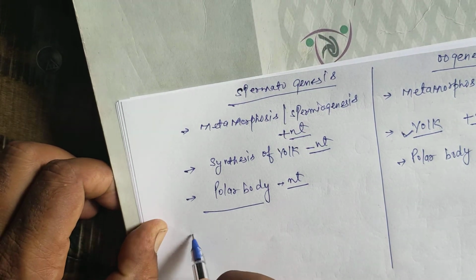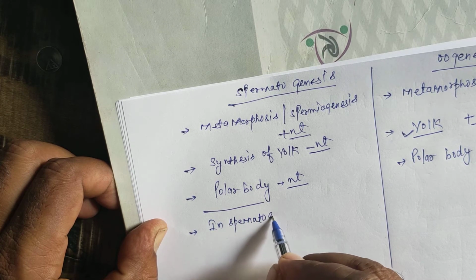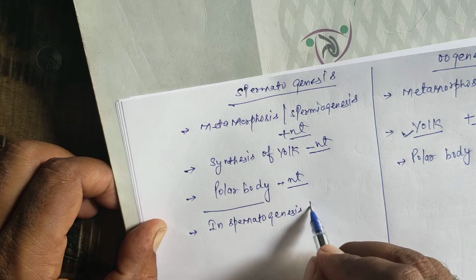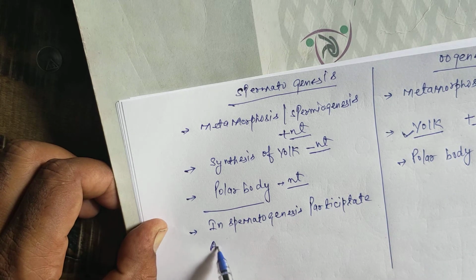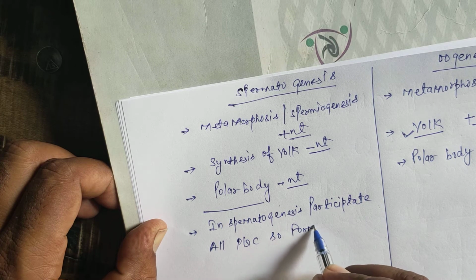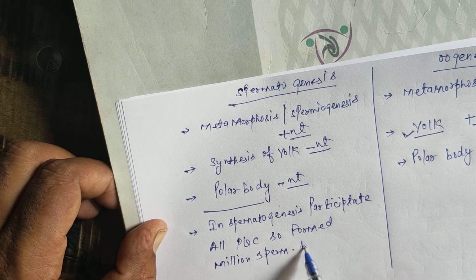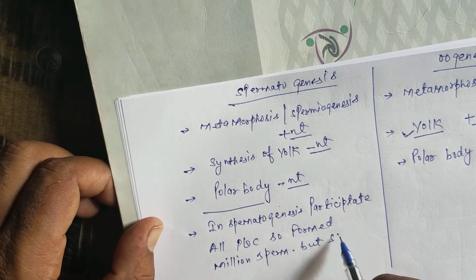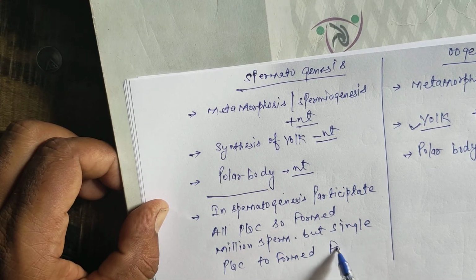Next, in spermatogenesis all PGC participate, so millions of sperm are formed, but a single PGC forms 4 sperm.